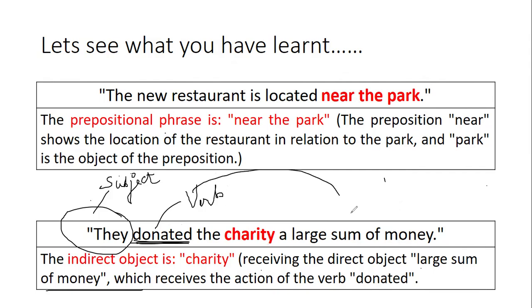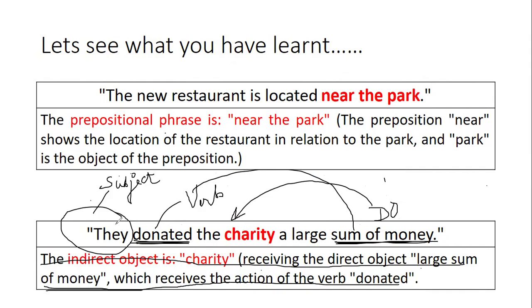What donation was given? A large sum of money. Direct object. And to whom? To a charity. Indirect object. So our indirect object is charity, receiving the direct object large sum of money, which receives the action of the verb donated.